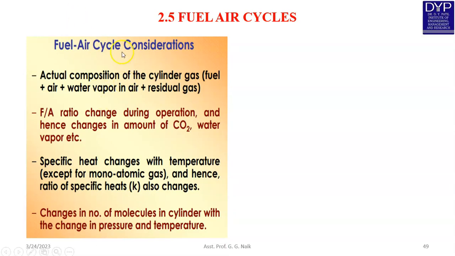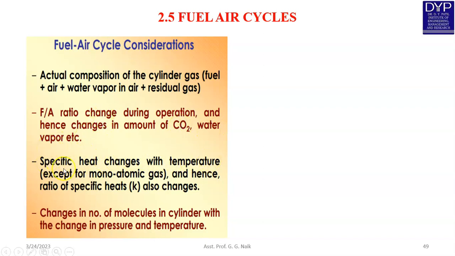So in fuel air cycle considerations, the actual composition of the cylinder gas is what? Fuel plus air plus water vapor in air plus residual gases. So this is the actual composition which will be available in the cylinder. Fuel air ratio changes during operation, and hence changes in the amount of CO2, water vapor, etc. take place.